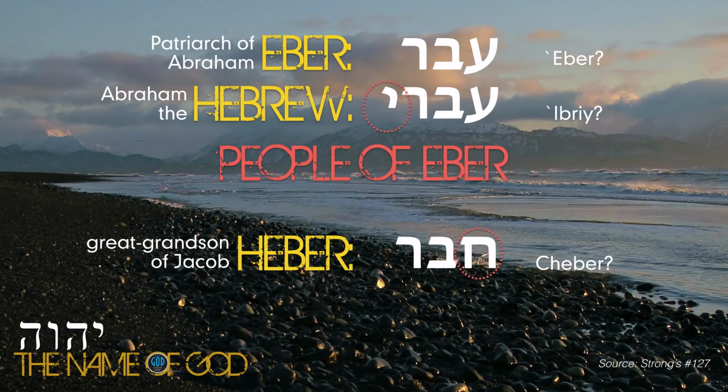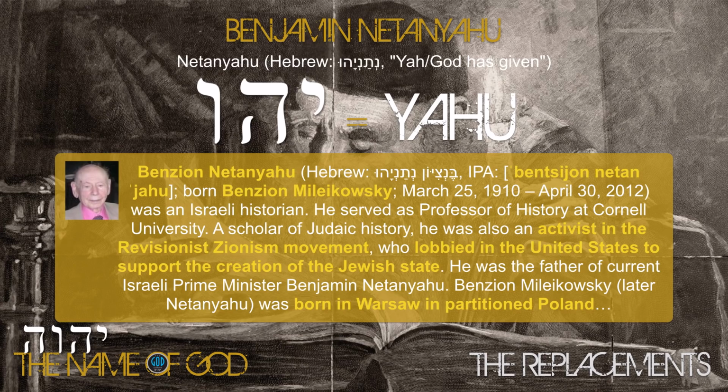One last thing, and we will end this video. Some have said, well, we know Israel is the true Israel because, well, the current prime minister has a Hebrew name which means gift from God. And that's true, sorta. We will confirm Netanyahu means gift from God, indeed, or similar in Hebrew.